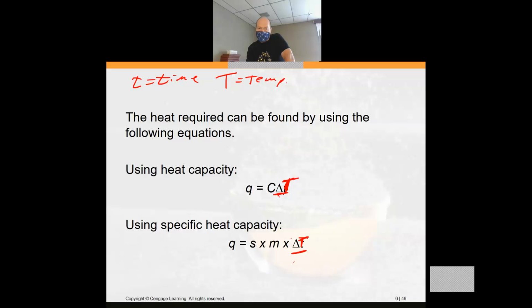And your Q is always in energy units, and the SI unit for energy is the joule, so we're going to get this in joules. So your heat capacity is going to be in joules per degree, usually written as degree, but it's best to say joules per degree change, and then you have times your degree change.